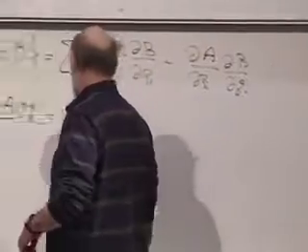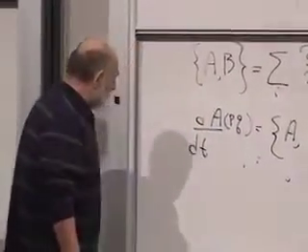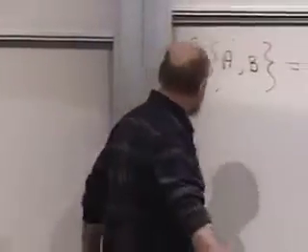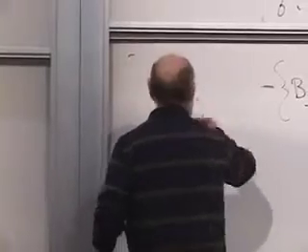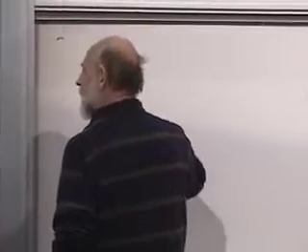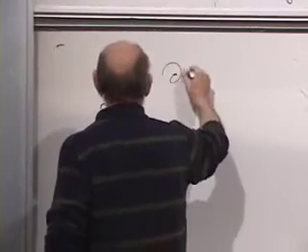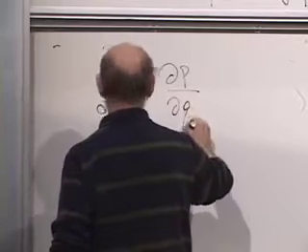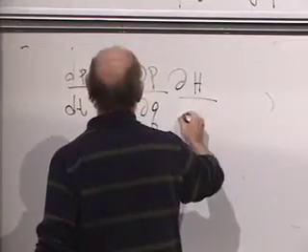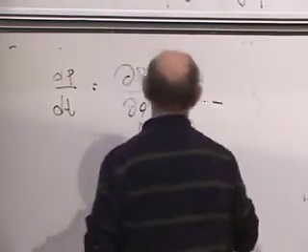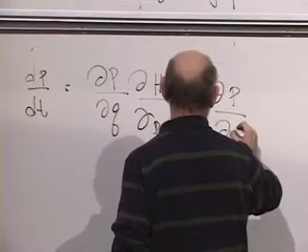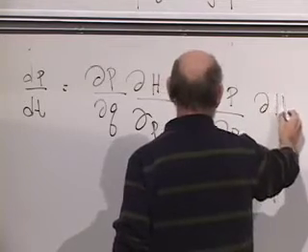Let me make use now of your brilliant suggestions of a moment ago. Let's let A just be P and see what we get. All right, the left-hand side will just be dP by dt. The right-hand side will be dP by dQ, dH by dP, minus dP by dP, dH by dQ.